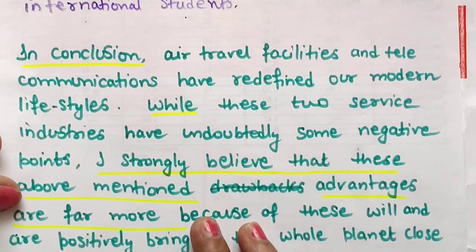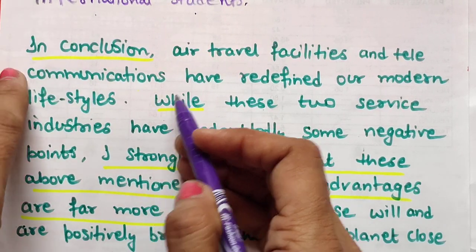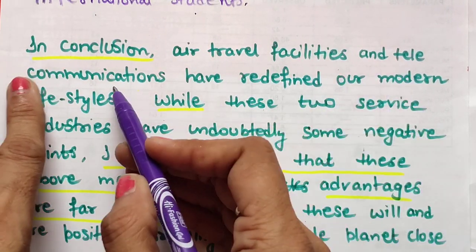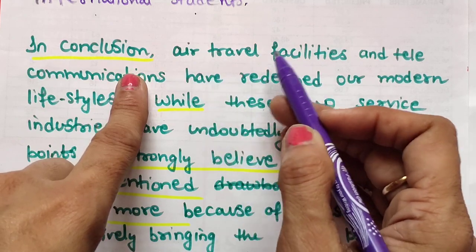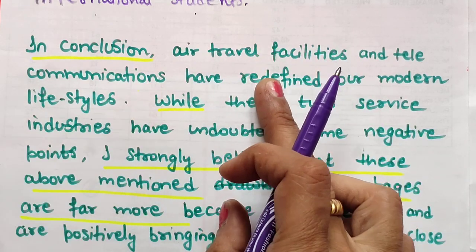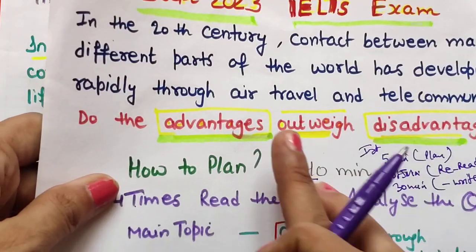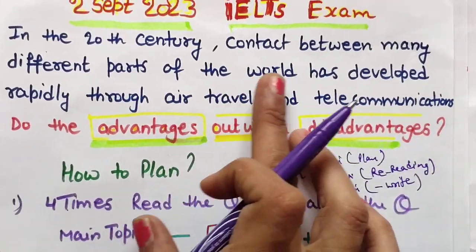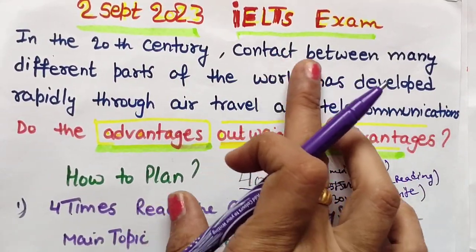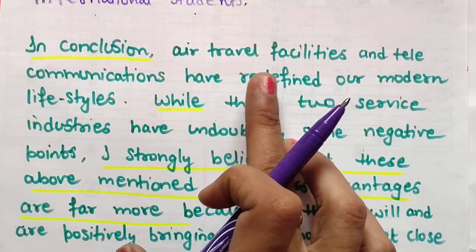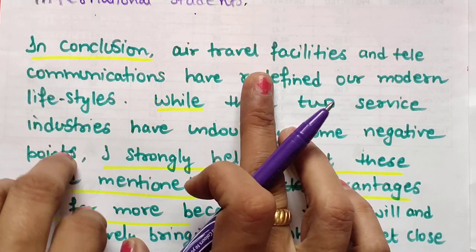So here coming to the conclusion, air travel facilities, and so now in conclusion I am going to explain that statement again. So here they are saying just air travel and telecommunication has made connectivity more in the world. So again I am announcing the topic.